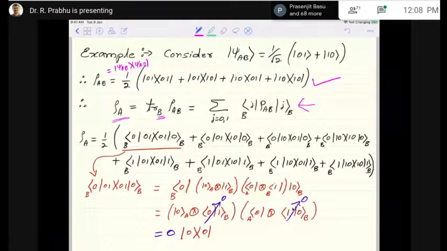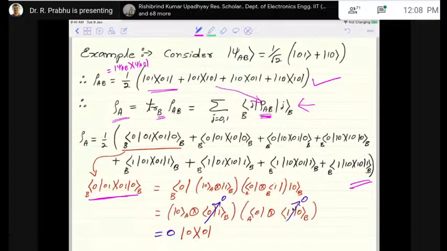Now I'm just placing this rho AB structure here in this expression, and then rewriting it. To evaluate the first term, just consider this first term.